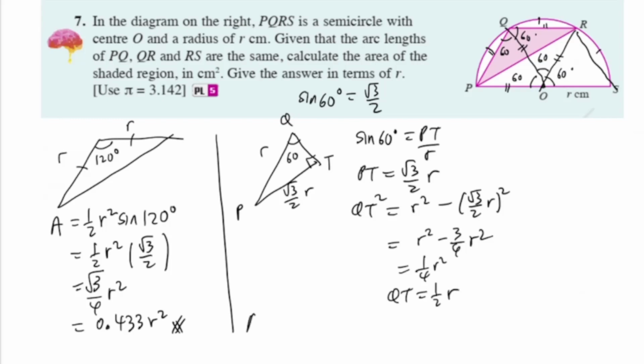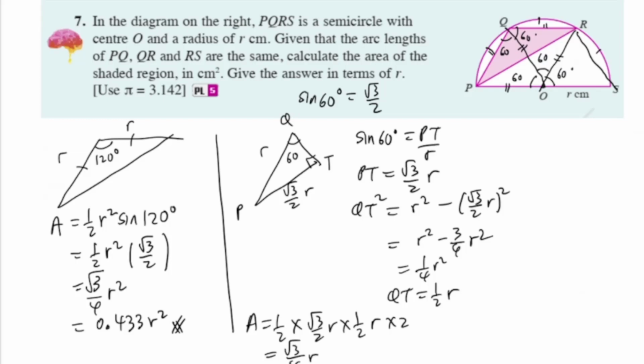So your area, we can just say half times base times height. Then you times 2 because you have 2 of them. You still get the same answer, where you get sec 3/2, sec 3/4 r squared.